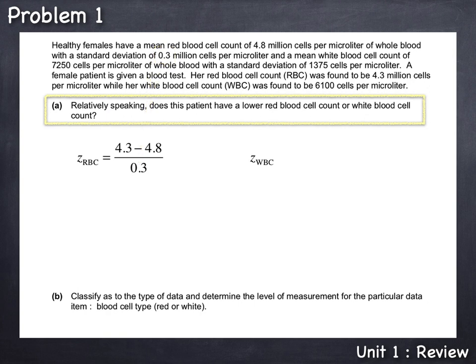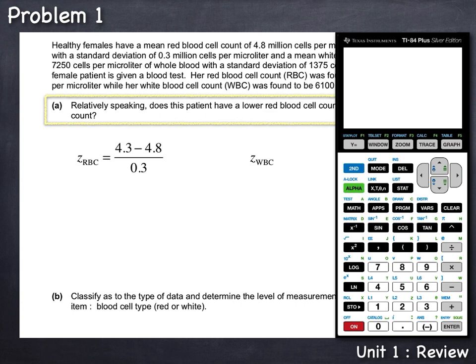We can calculate this result on the calculator by grouping the numerator first, using a left parenthesis, and then taking the data value of 4.3, subtract the mean of 4.8, close parenthesis, divide by the standard deviation of 0.3, enter. Here we get the result of negative 1.66666.